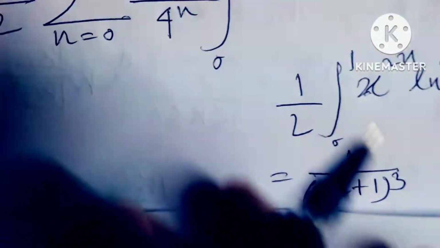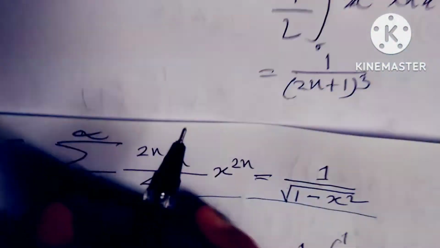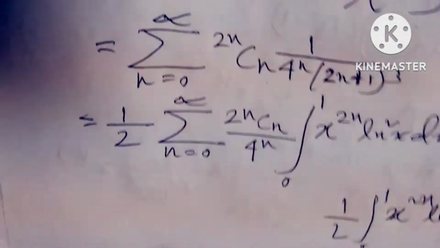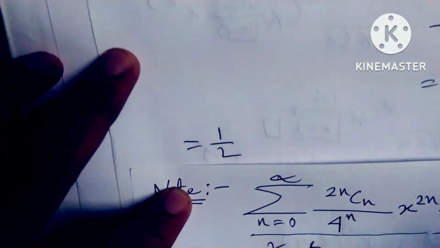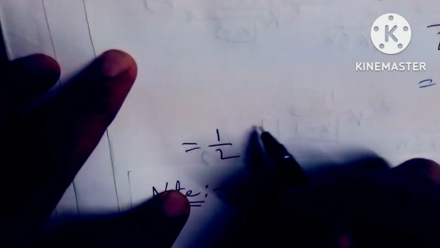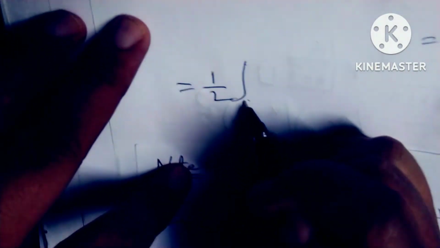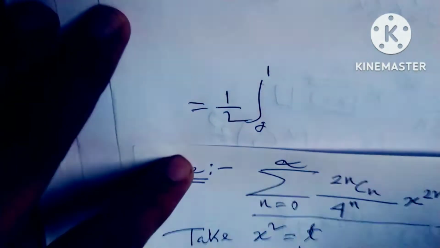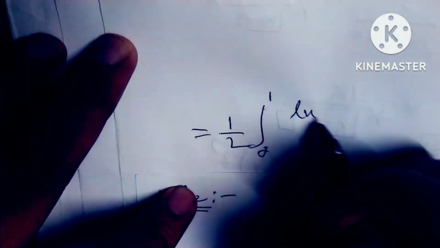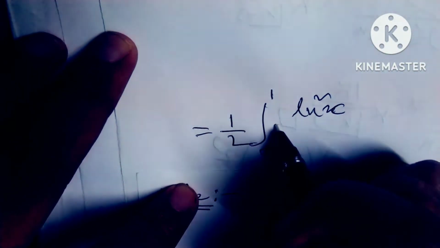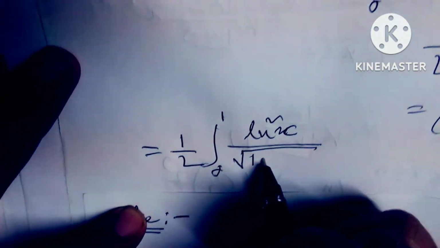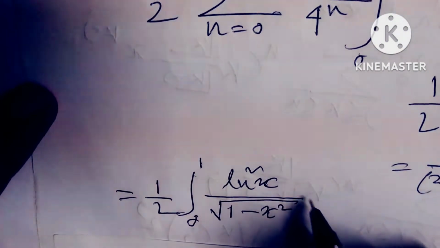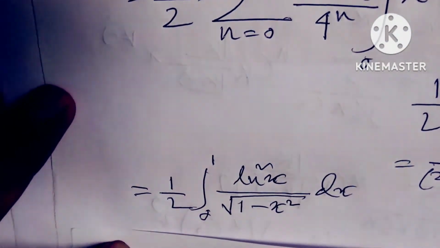So friends, I can write this expression as half into the integral 0 to 1 of ln square x divided by root of 1 minus x square dx.